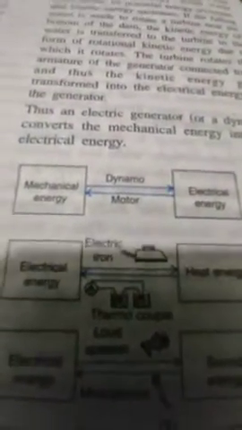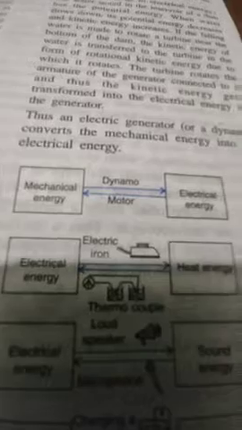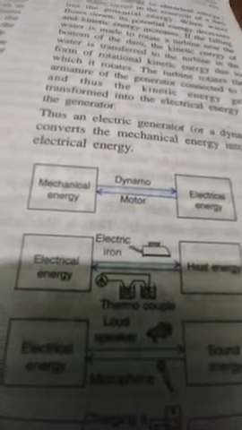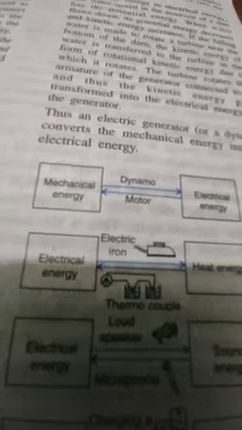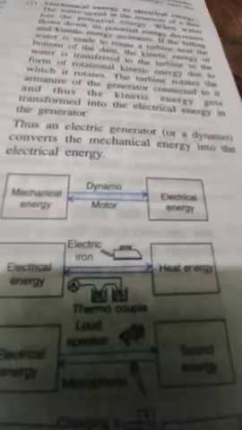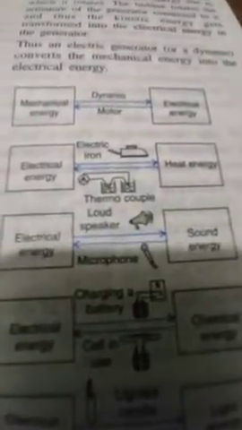Now here it is given, like conversion of energy, dynamo. In a dynamo, mechanical energy is converted into electrical energy, and in a motor, the electrical energy is converted into mechanical energy. So like this, you can go through all these examples of energy conversion, and these are all important.